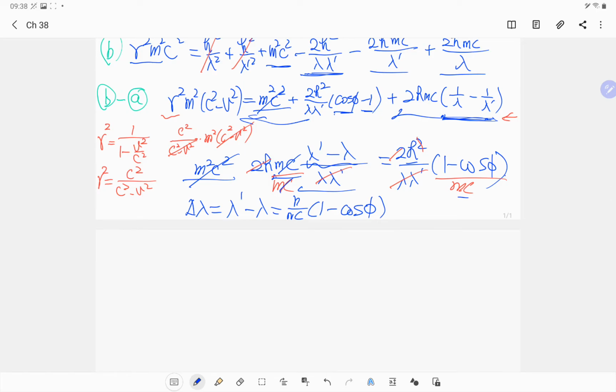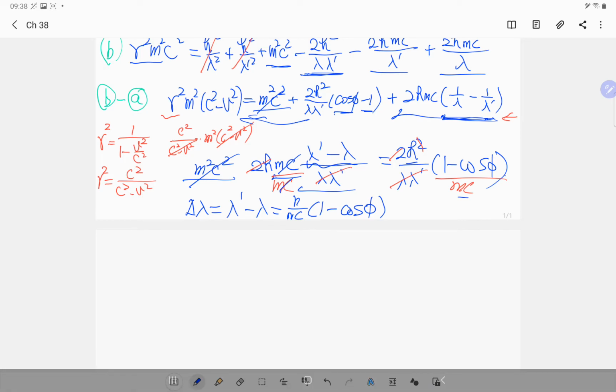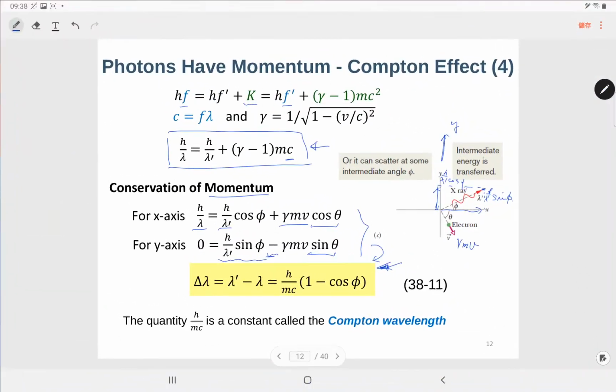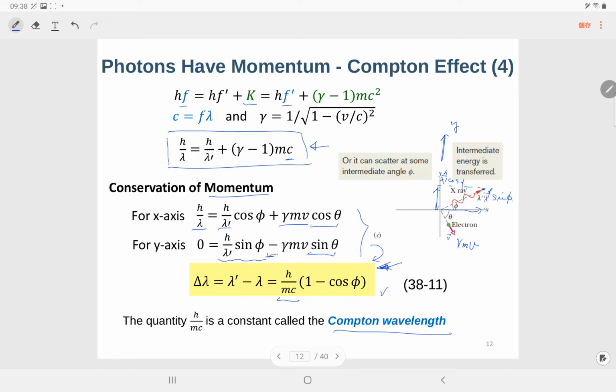Any questions? So actually we proved this one, and this term h over mc is called the Compton wavelength.